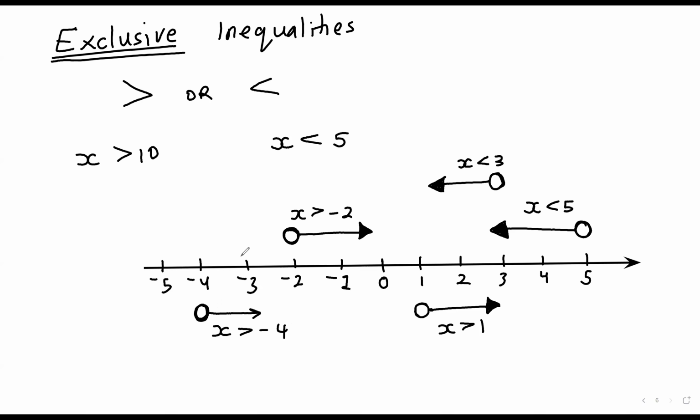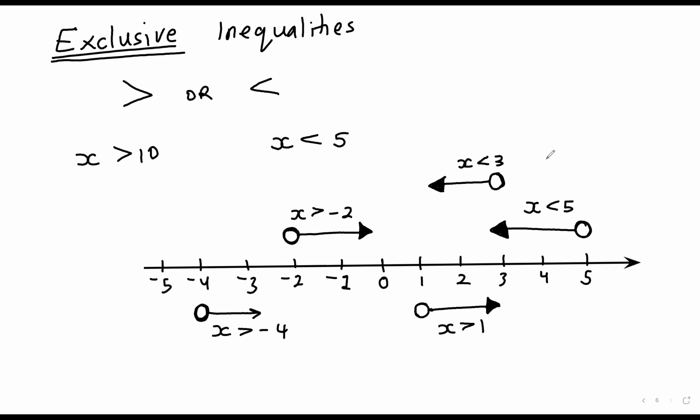Y'all, it doesn't matter if you put it above or below. I'm putting it below because of spacing. All that matters is that the circle is in line with -4, or whichever number, on the number line, and the arrow is pointing in the direction that is greater than or less than.